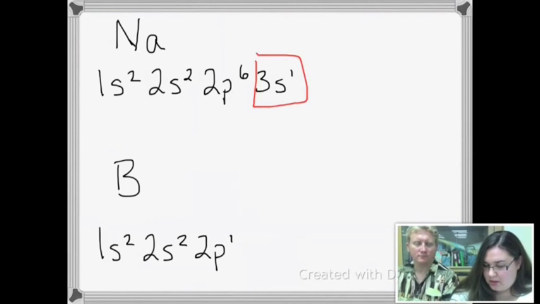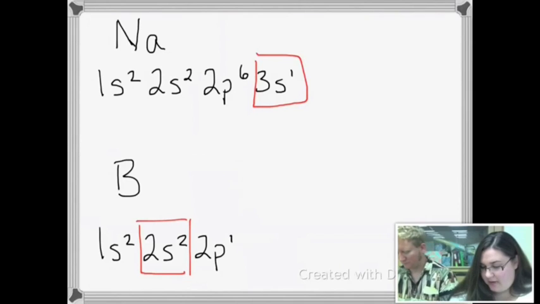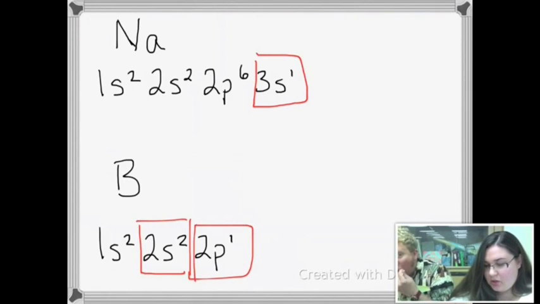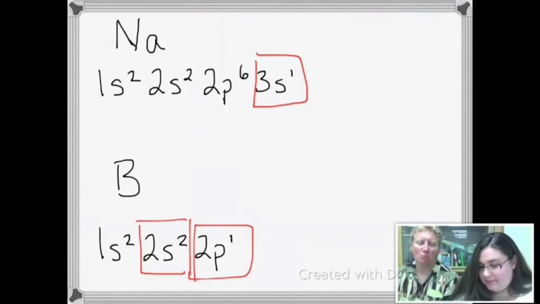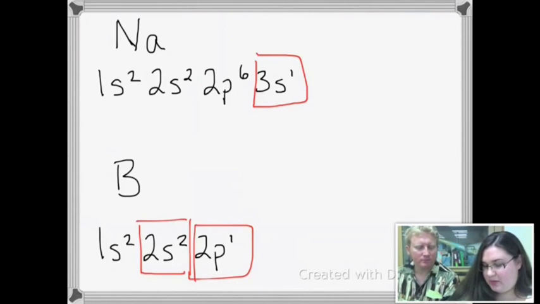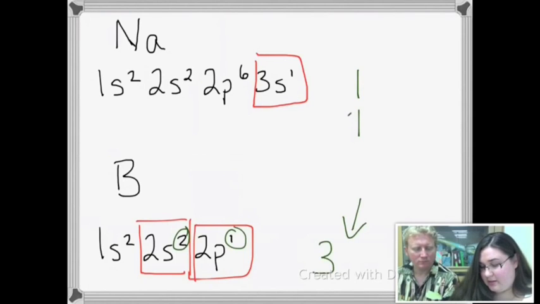And on boron, you boxed your last s, there is a p after it, so you should have boxed that one as well. When we add up our superscripts, this should have been 1, and this would have been 2 plus 1, which is 3. And these are your valence electrons.